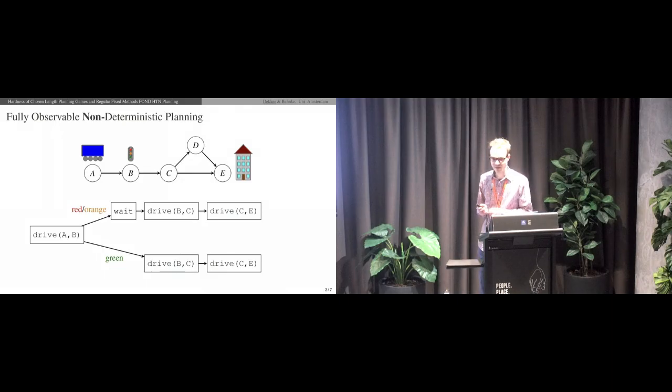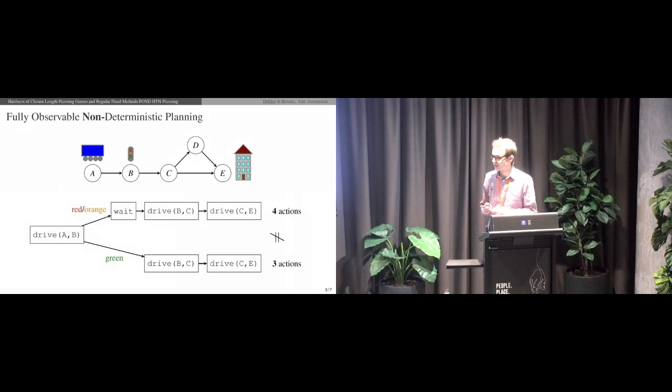We drive to B. If the traffic light is green, there's no issue, and we drive to C and then to E. If the traffic light, on the other hand, is red or orange, we execute a wait action, and assuming that the traffic light will be green after that, we then proceed in a similar way. Now notice that this plan has two branches, and one branch has 3 actions, one branch has 4 actions.